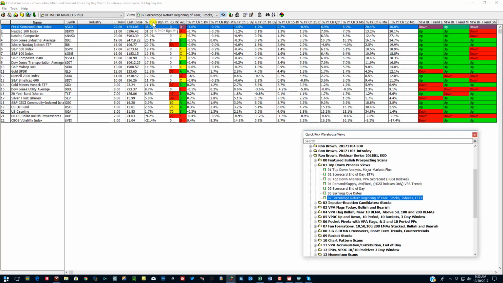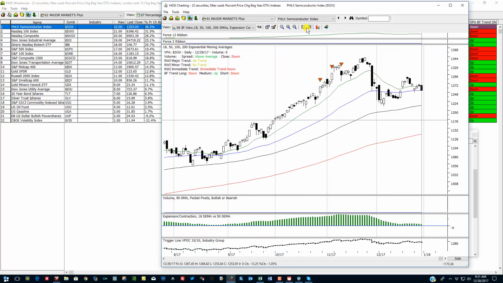And if you look at this column here, you can see that the Philadelphia Semiconductor Index was up 38.2%. This is since the beginning of the year. You can also see how it's performed over the last several months, and you can see that over the past 21 days, or approximately one trading month, it hasn't done anything. In fact, it's negative. So if I bring this chart up, this shows it very well here.